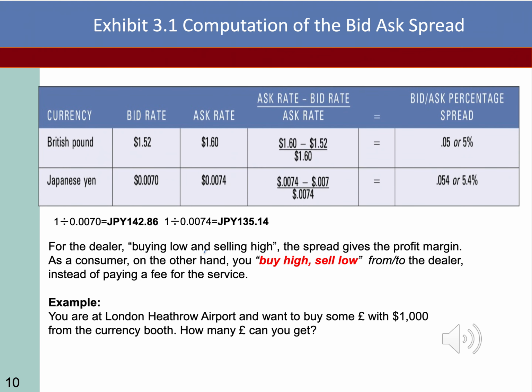This is Exhibit 3.1, bid and ask. First, let's look at the currency quotations. The first one is the British pound, pound sterling. The bid rate, or bid price, is $1.52, and the asking price is $1.60.